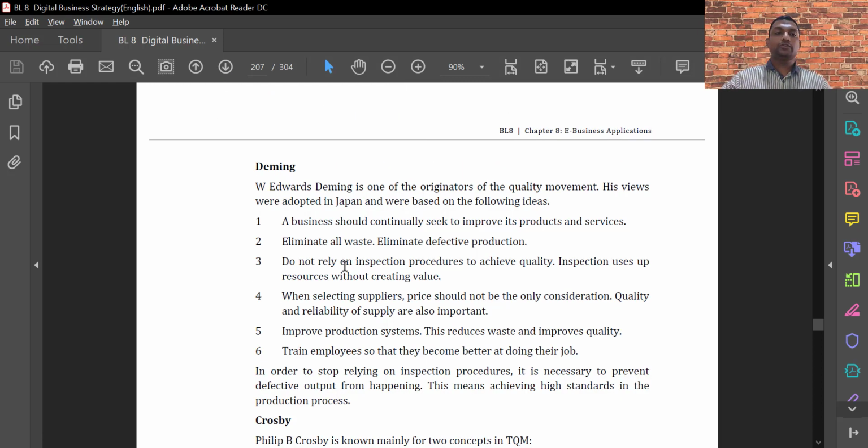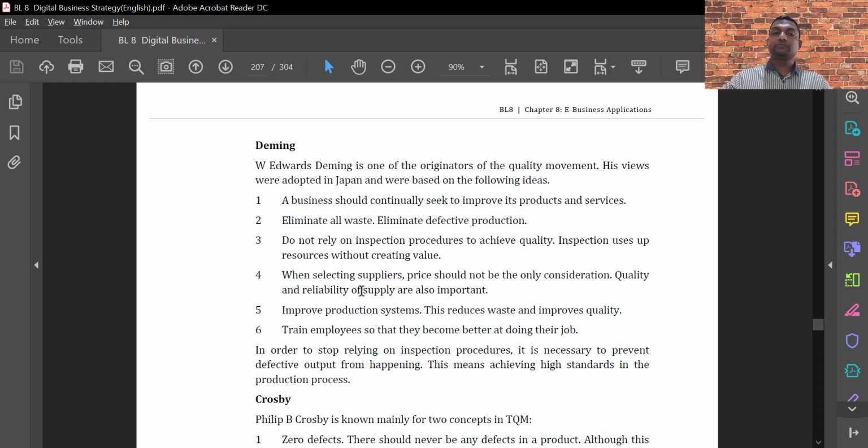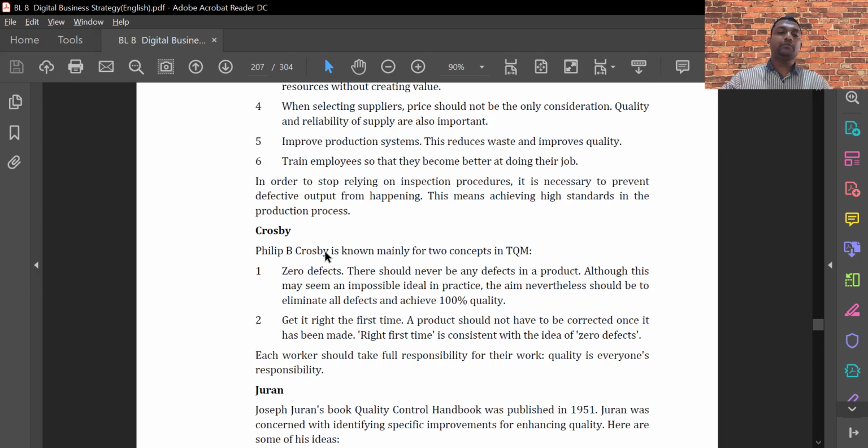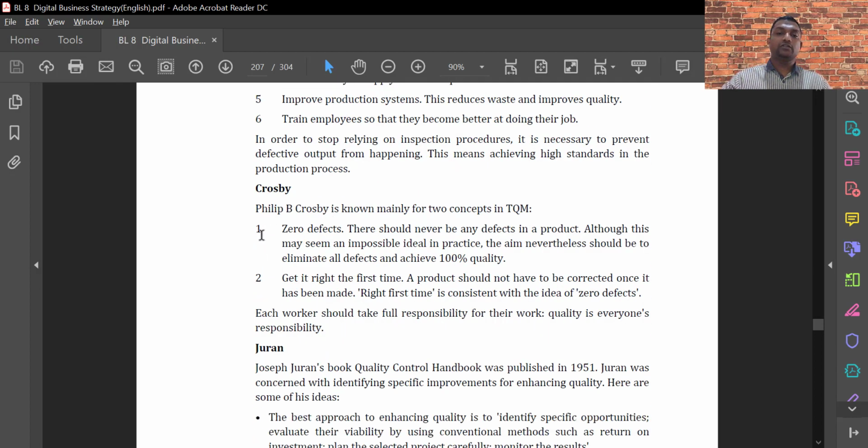Right, so question number 36, there's Edward Deming. These are the ideas that he is giving, and Philip Crosby in total quality management. These are the two concepts that he gave. So zero defects, get it right the first time.